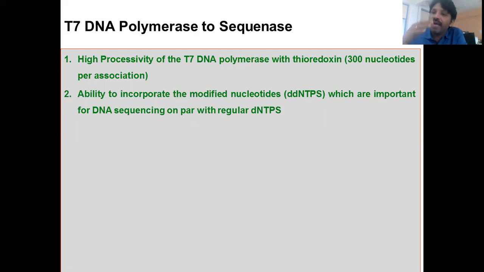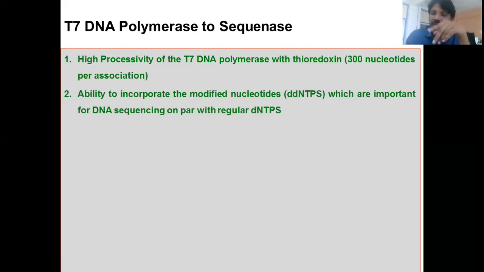You need not provide a high concentration of modified or a low concentration of regular dNTPs. If you provide an equimolar concentration, right, then it will not discriminate between the ddNTPs and dNTPs.